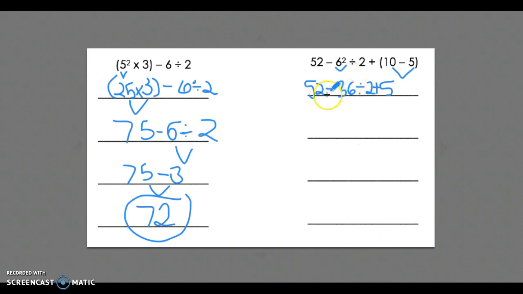Now, before I subtract or add, I'm going to solve for any division. So 52 minus 36 divided by 2 is 18, plus 5.